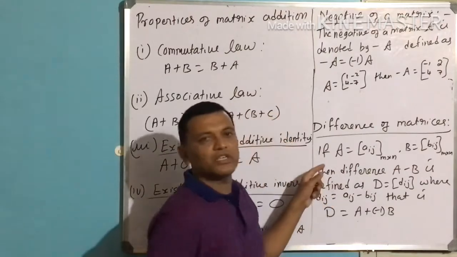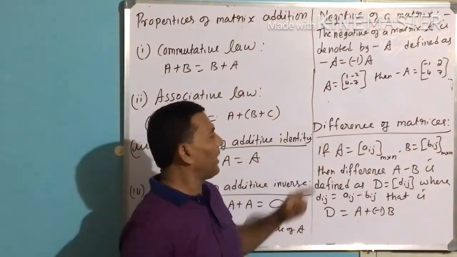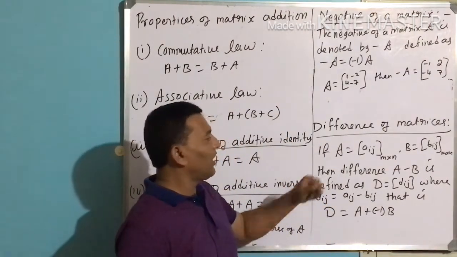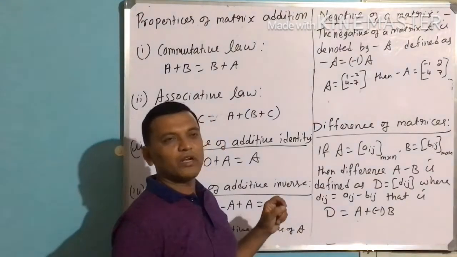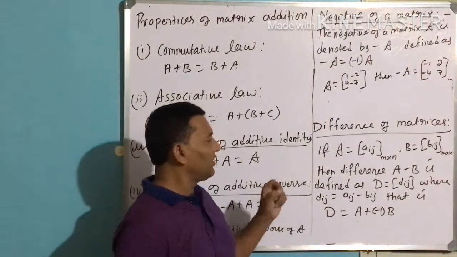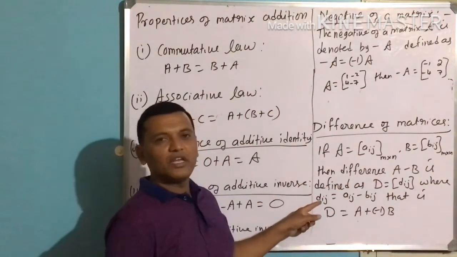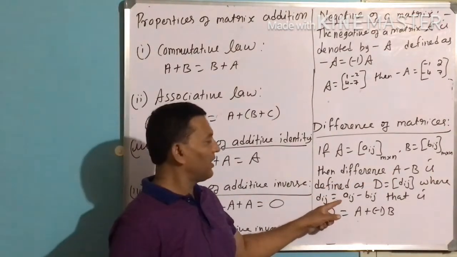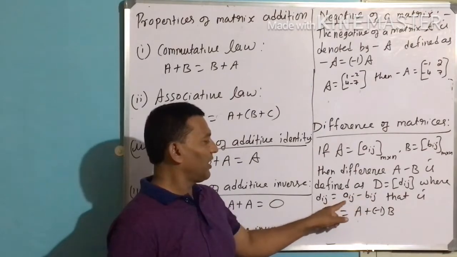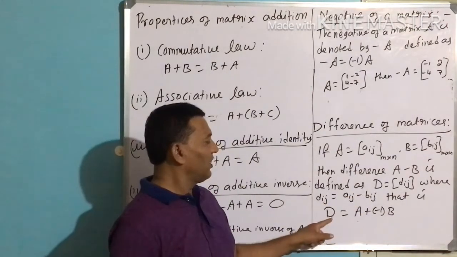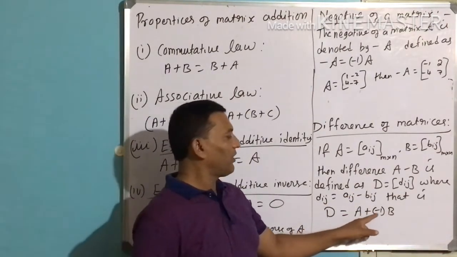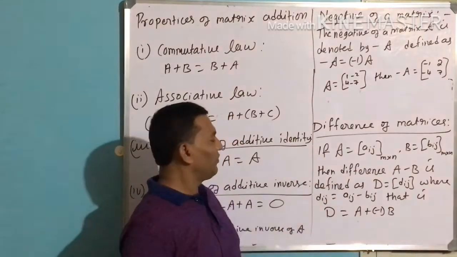Now we shall discuss difference of matrices. If A is equal to Aij and B is equal to Bij are two matrices of the same order, then the difference A minus B is defined as another matrix D is equal to Dij, where Dij is obtained by subtracting Aij minus Bij. That is, D is equal to A plus of minus 1 into B. This is how we do it.